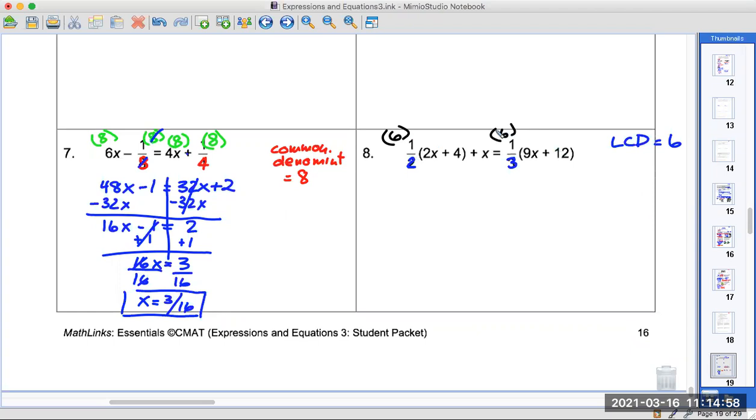Don't multiply this because the 1/3 out front takes care of it. 6 times 1 is 6, divided by 2 is 3. 6 times 1 is 6, divided by 3 is 2. So notice your fractions are gone. Okay, multiply that out.